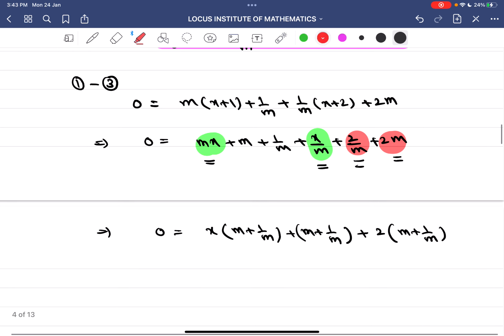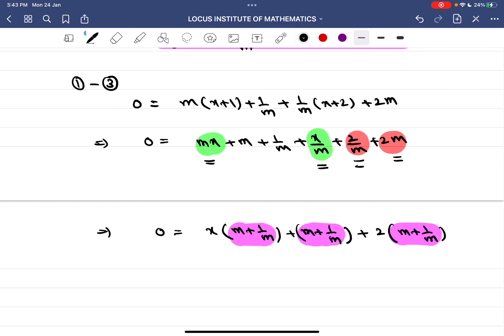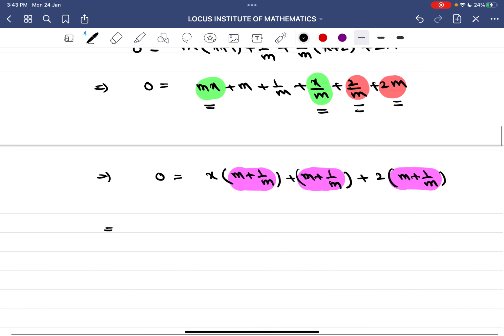Now from these three terms, m + 1/m is common. So this implies 0 = if you take out m + 1/m common, you are left with in the bracket x + 1 + 2.